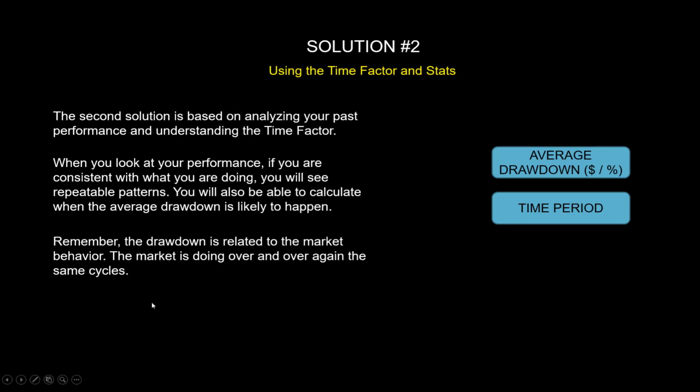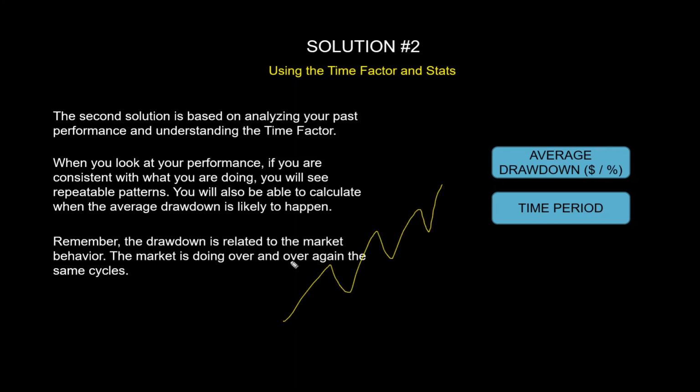Remember that the drawdown is related to the market behavior. If the market is going into cycles and you're doing the same thing day after day after day, your performance will also be showing you these cycles. It should be copy paste.